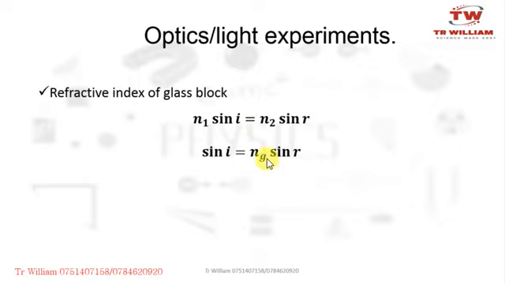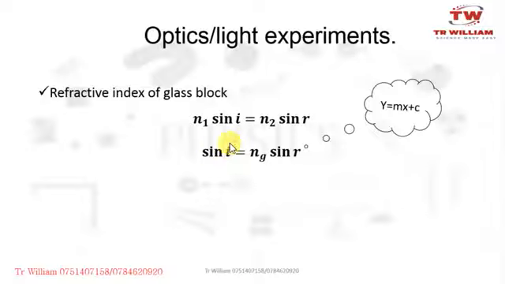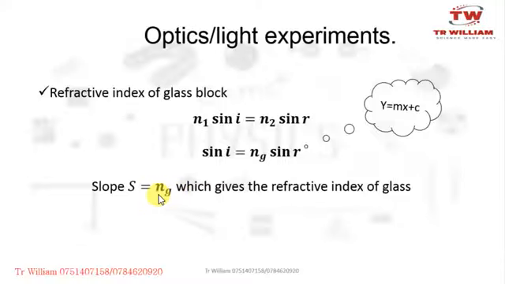Now if I am interested in determining the refractive index of glass, I know this equation is already arranged in the form of an equation of a straight line, where this is y, this is m, this is x. So I'll plot sine i against sine r, then the slope will be my refractive index, ng. So that is about refractive index.